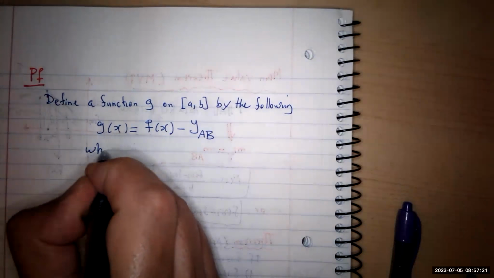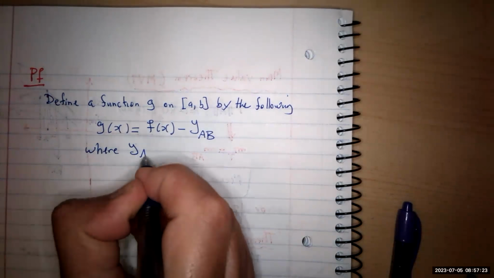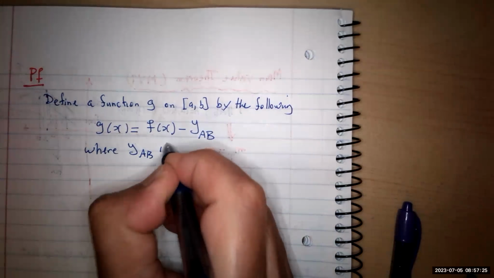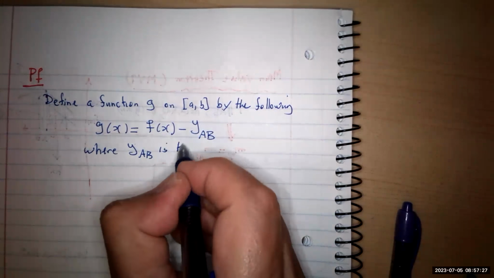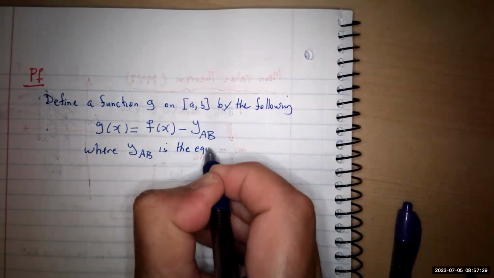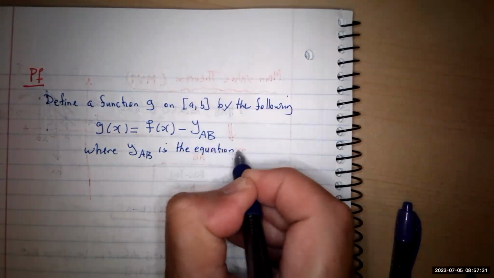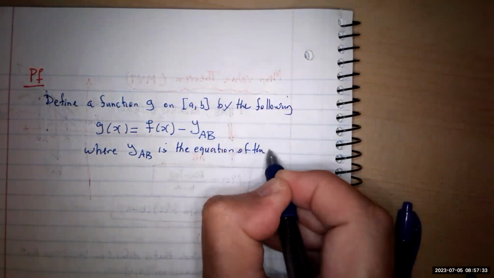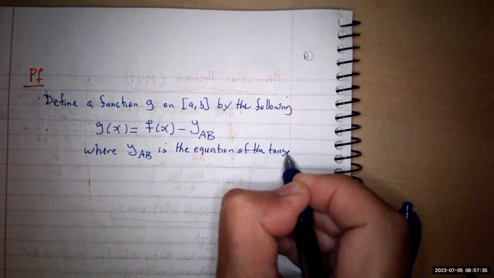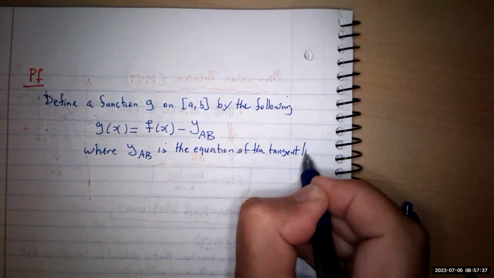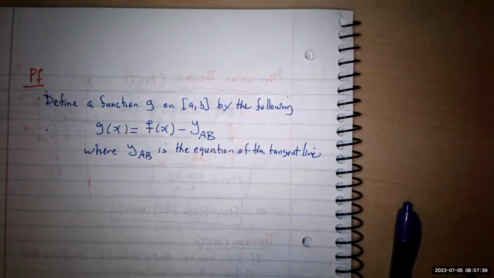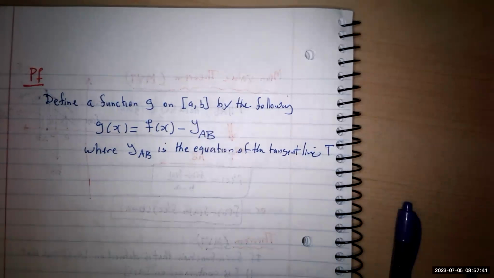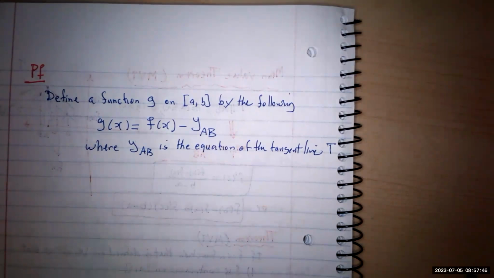So what is y of AB? It is the equation of the tangent line, the tangent line T that we talked about.